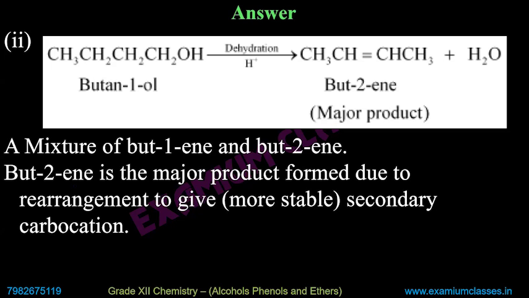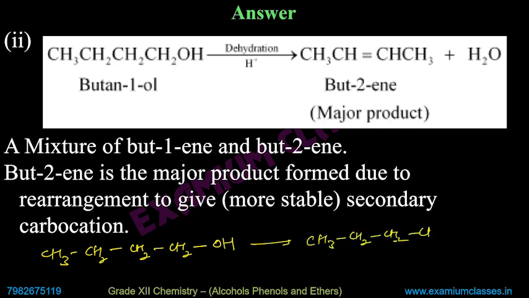What actually happens is that when CH3, CH2, CH2, CH2, OH forms a carbocation, first this carbocation is formed, CH3CH2CH2CH2 plus. But the secondary carbocation is more stable than primary.